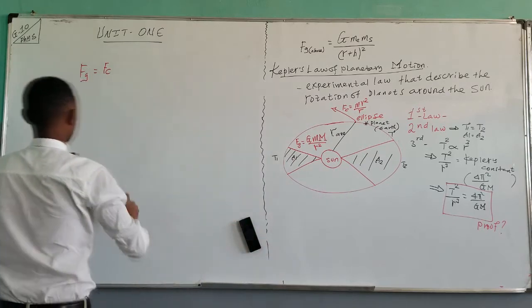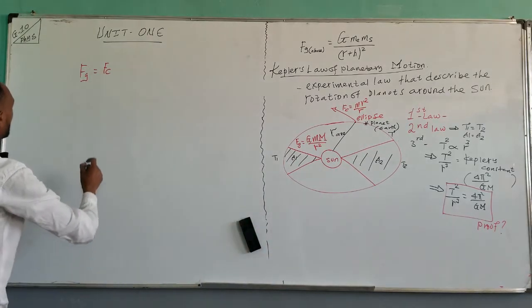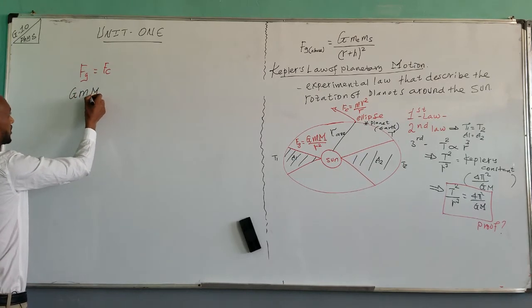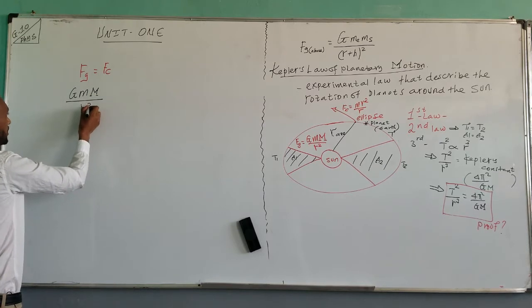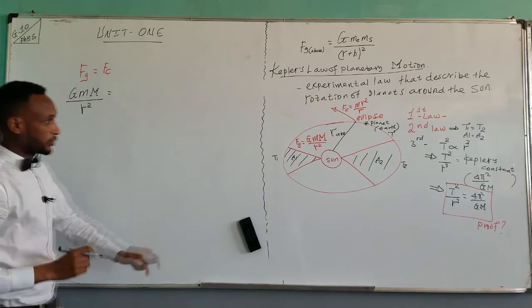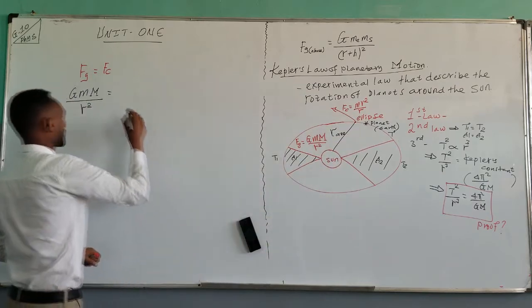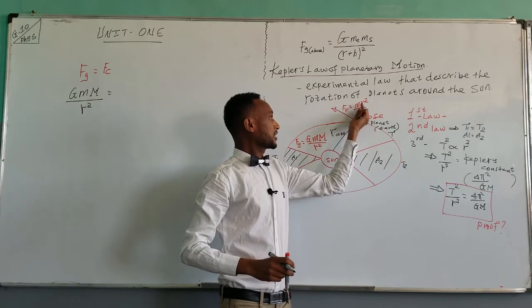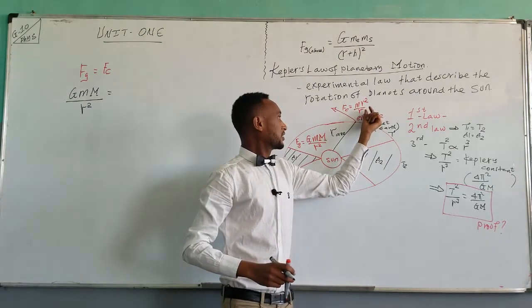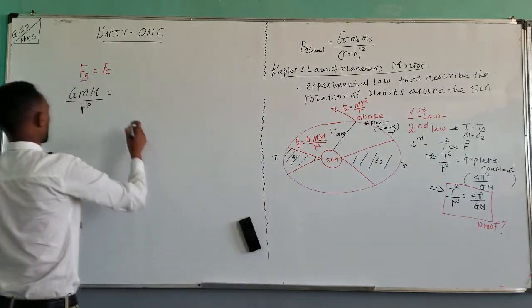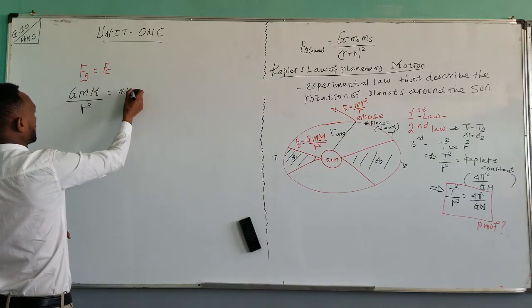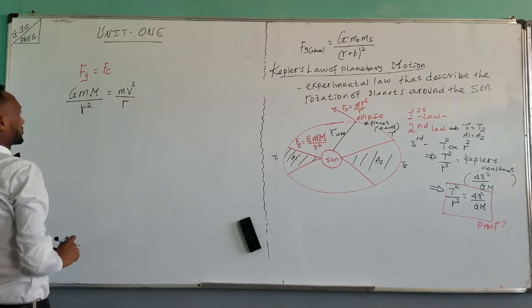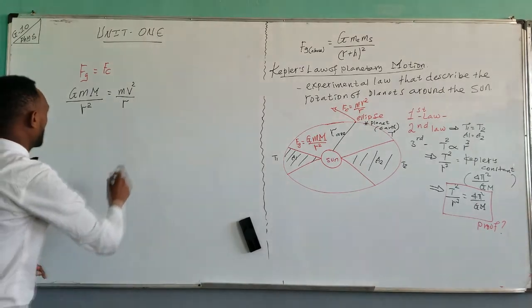Now from this expression, the gravitational constant, mass of the planet, mass of the sun over the distance squared between them is equal to the centripetal force. The centripetal force keeps the planets on this orbit. So it is the mass of the planet times the velocity squared over the radius. You get the mass of the planet, the velocity squared over the distance between them. But we know that.